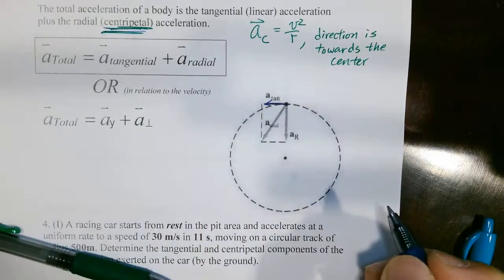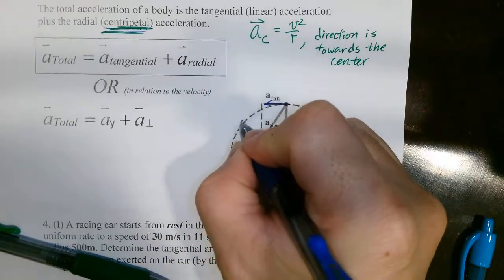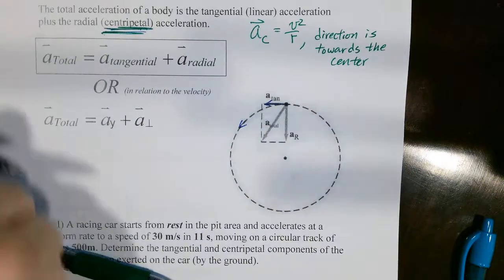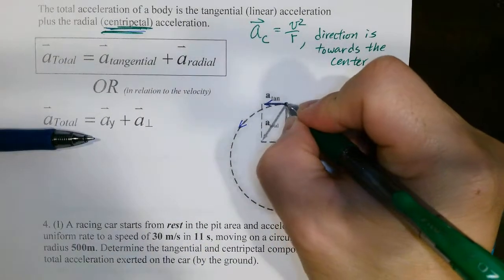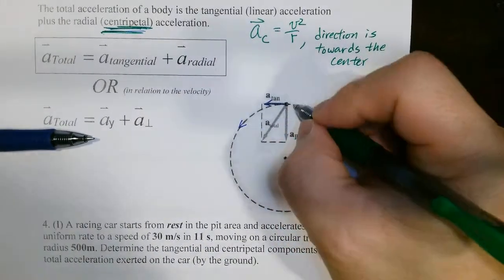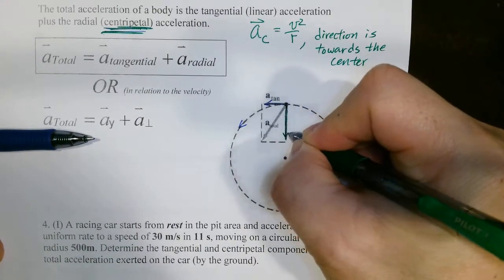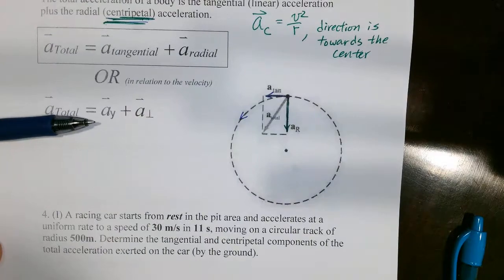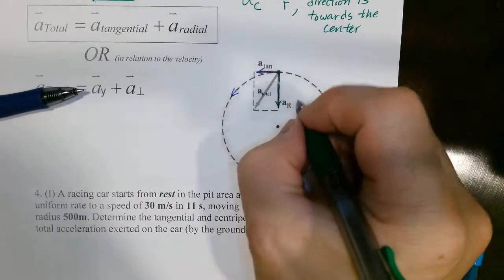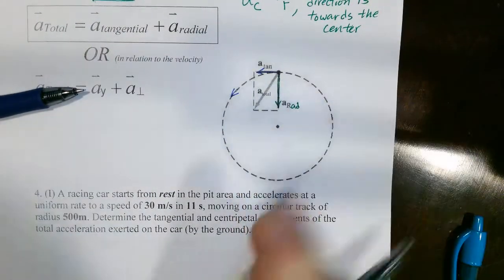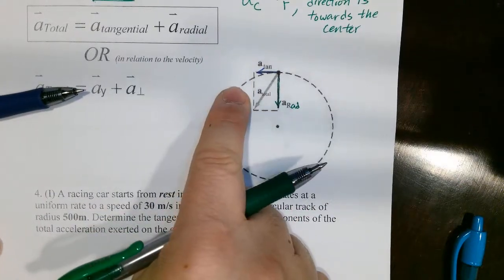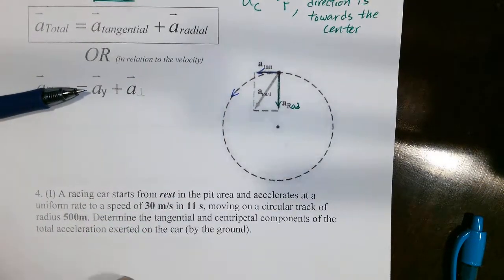So here's the tangential acceleration, and this is the direction of motion. Simultaneously, it has radial acceleration going in towards the center. So I have two accelerations perpendicular to one another.